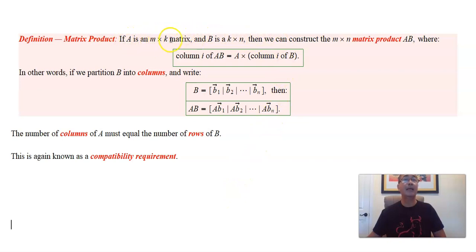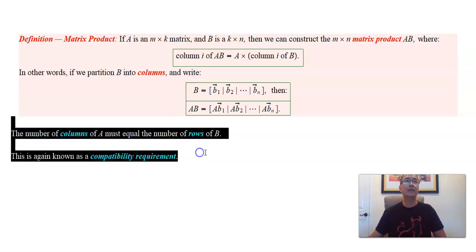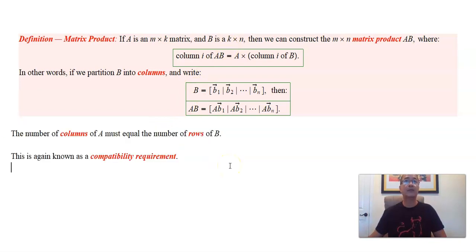If A is an M by K matrix, then B will be a K by N matrix. Notice that the number of columns in A has to be the same as the number of rows of B. That's how we know that they are compatible. The number of columns of A must equal the number of rows.